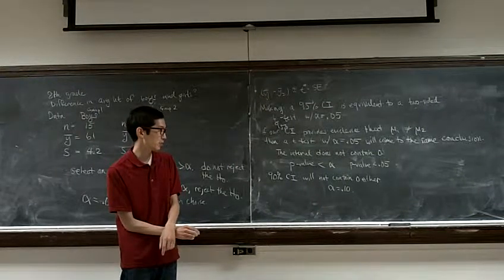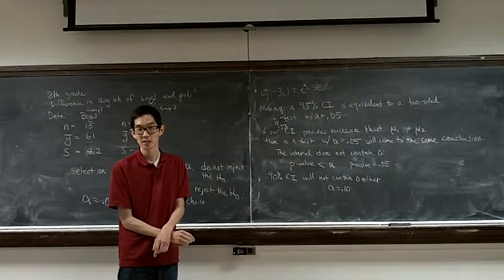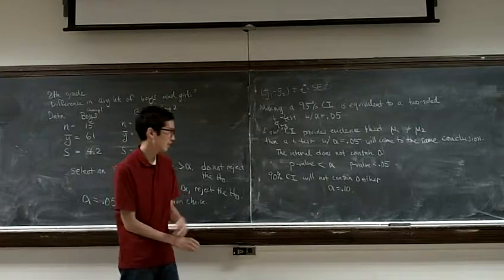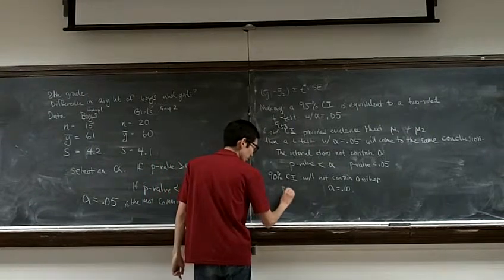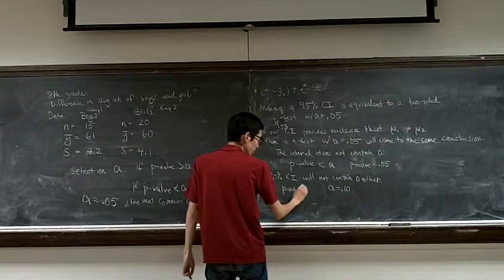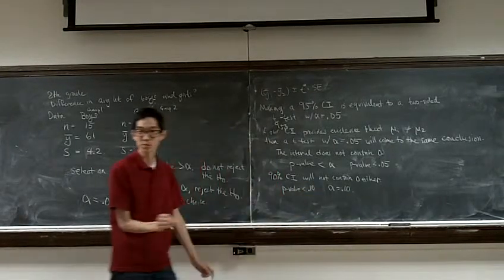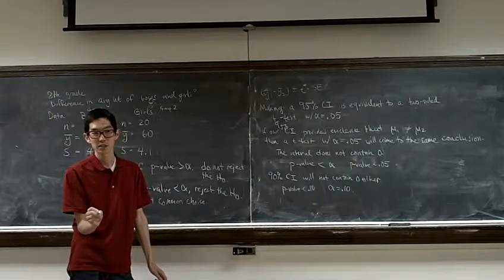Is my p-value bigger or smaller than 0.10? Up here we saw that my p-value is less than 0.05, so we also know my p-value is for sure going to be less than 0.10. Is that okay?